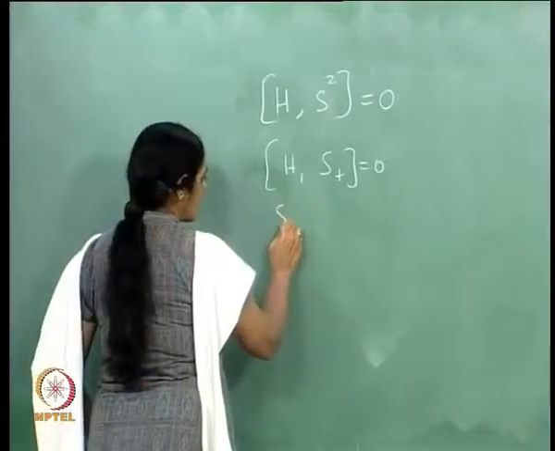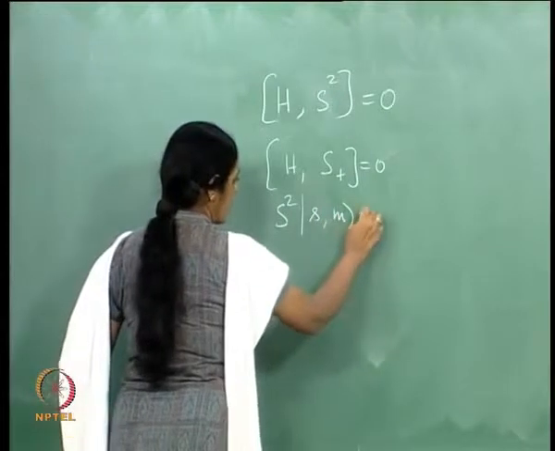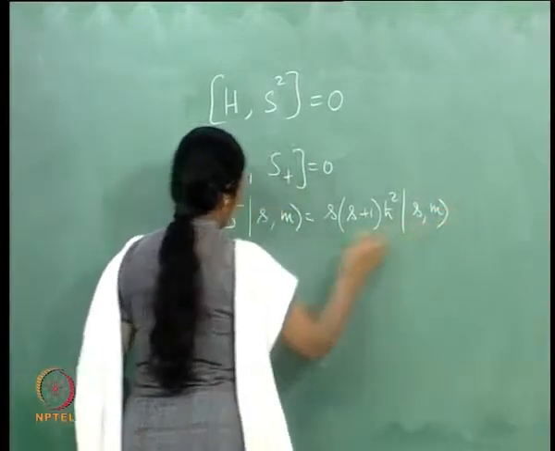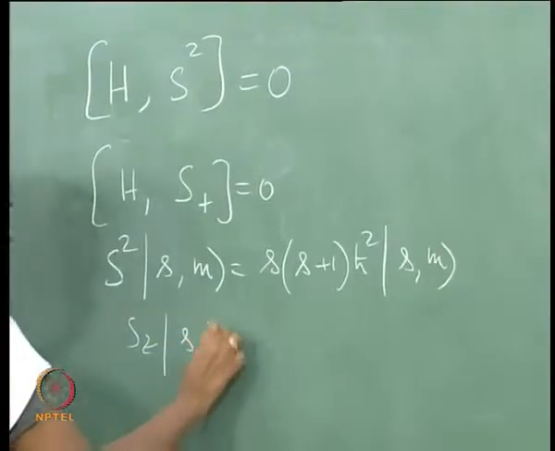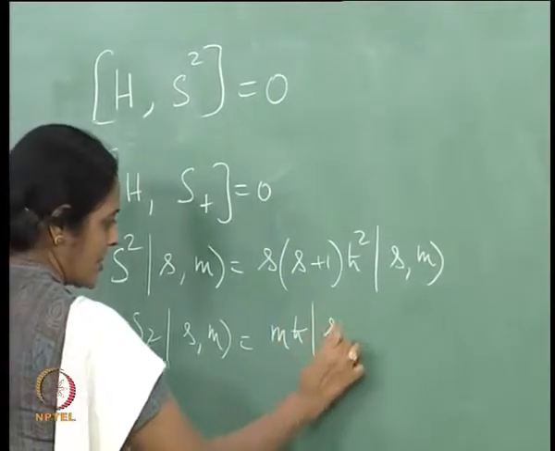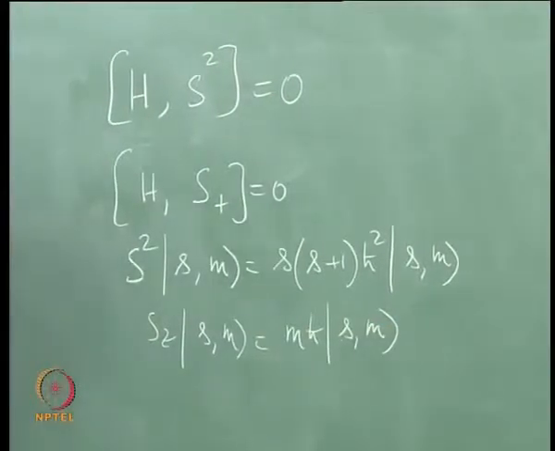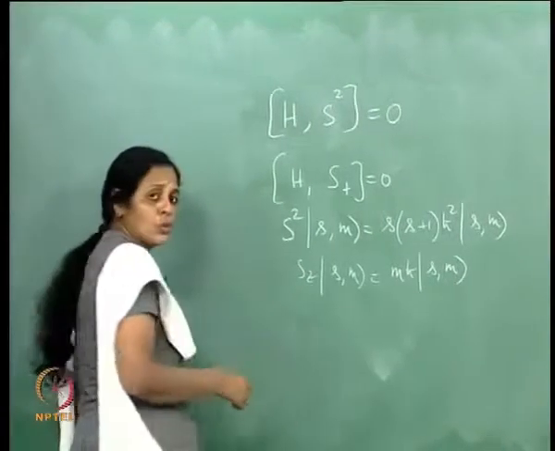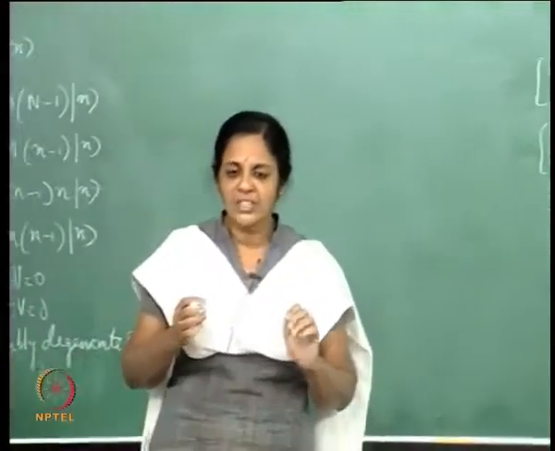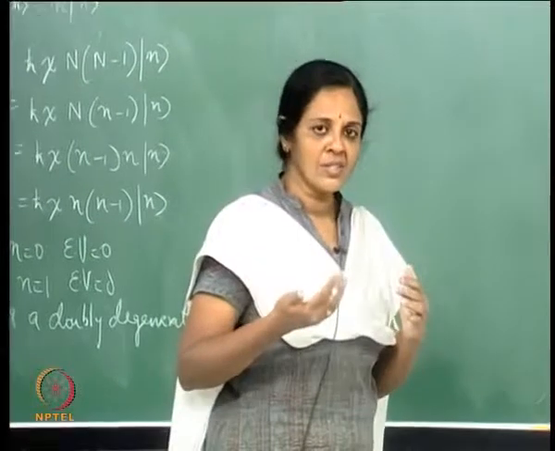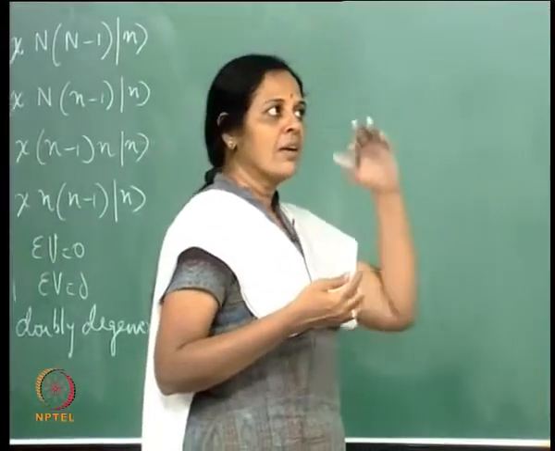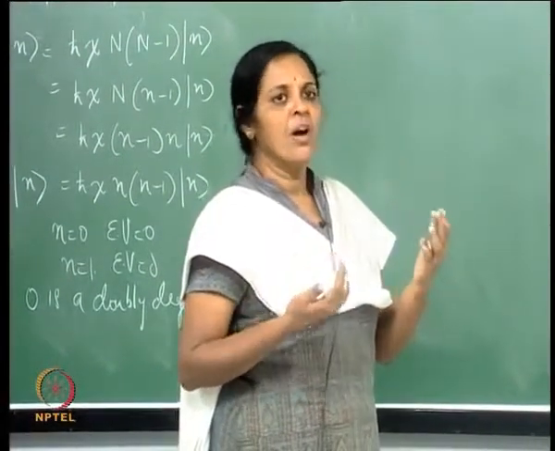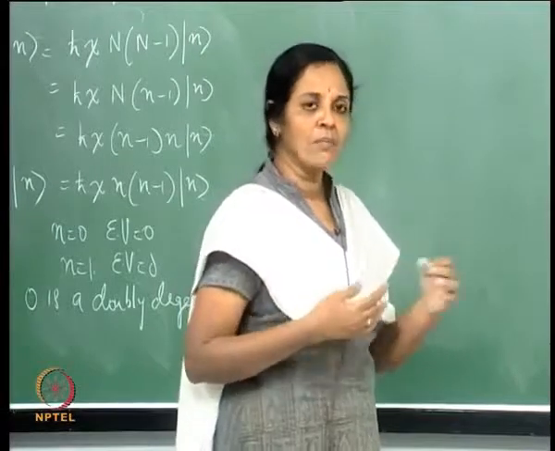The spin eigenstates are denoted by ket s, m. Of course, Sz acting on ket s, m is m h cross ket s, m. These are the spin labels. Now, in this picture, I want to show that an object with a given spin has the same mass independent of whether it exists in the state m, the third component having a value m, or a value m plus 1 or m plus 2 or m minus 1.